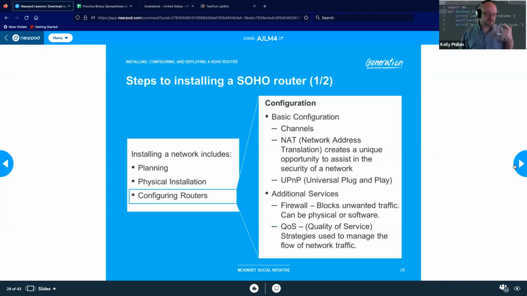What else does it give us? The protocol, like IPv4 or 6. If it's got letters in it, it's 6. Gateway and DNS server. It's the four pieces of information we always need: IP address, subnet mask, gateway, and DNS server. All those are needed to communicate with the internet, right?